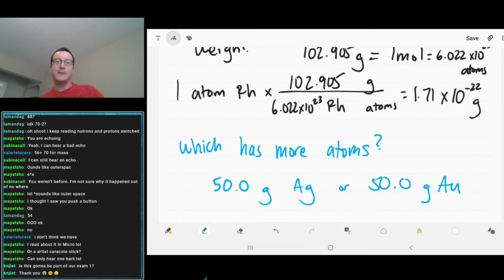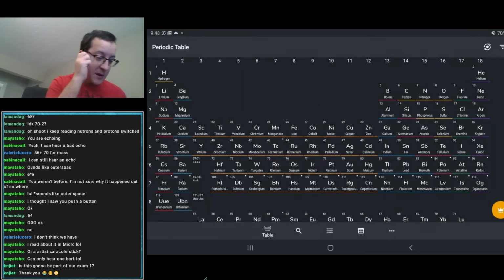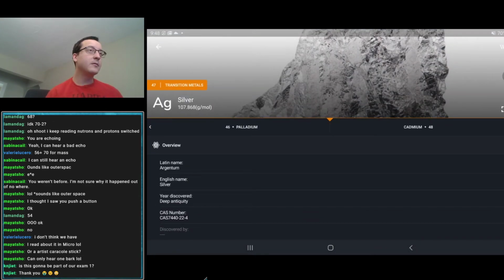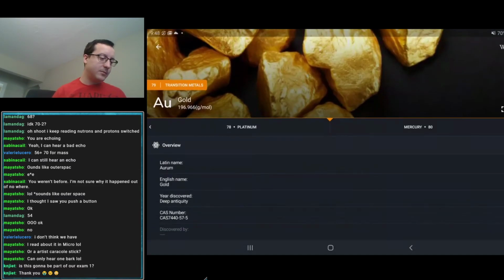We would technically want to convert these into atoms, right? We can take grams, convert them into atoms using our periodic table. But it may be easier to understand: silver is here, 107.868 grams per mole, and gold, 196.9.